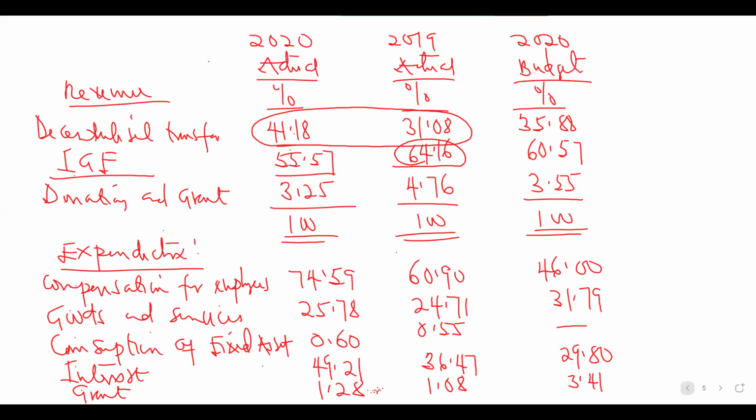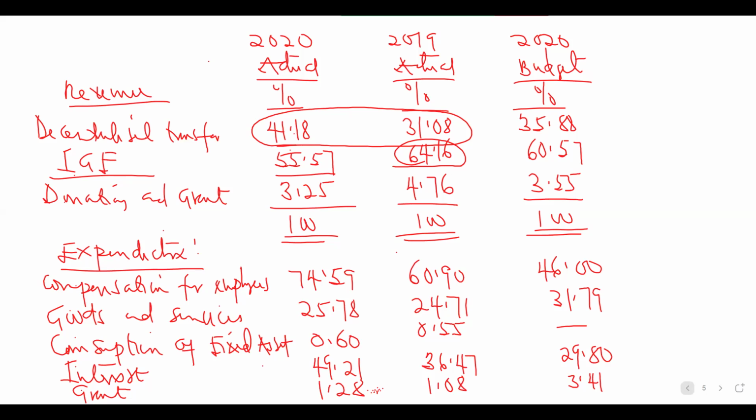What is the component of the revenue that is represented by the grants for the current year? $3.25. Okay, as against 0.76. So it means that in the previous year, which is 2019, the company was able to source for donor funds more than in 2020, and the performance for 2022 is even below the budget.